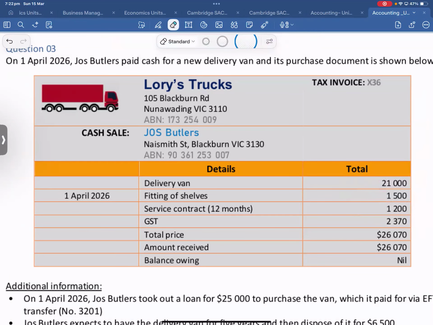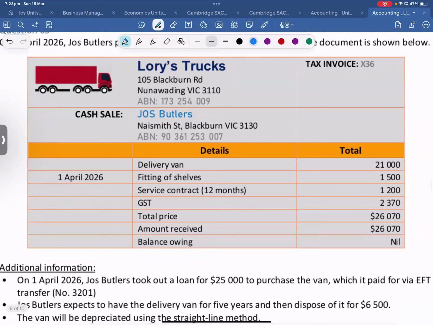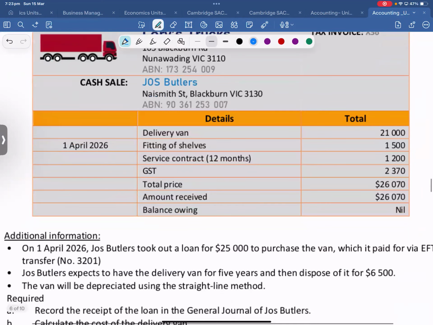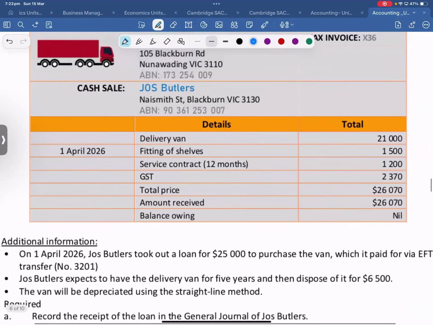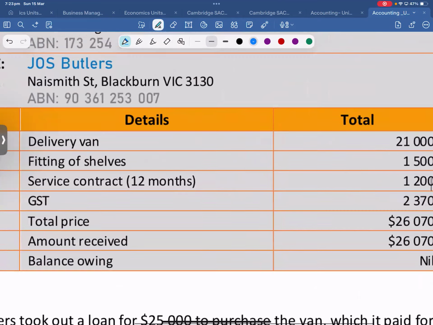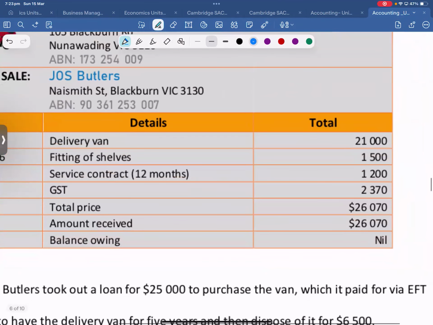What do we do? Okay, what are the ledger accounts you will relate here? Tell me. Ledger accounts here. Delivery vans, prepaid service contract, GST, bank. Very good. That's it.